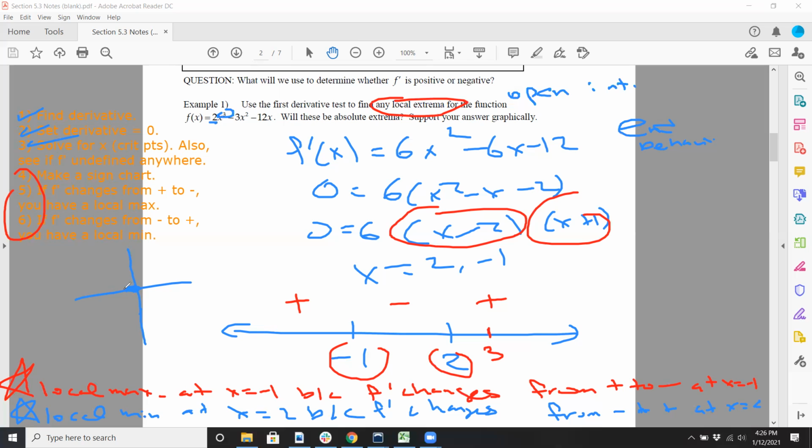I do know that our graph is rising until we get to negative 1. And if you were to plug negative 1 into the original function, I think that's going to be negative 2 minus 3 plus 12, so that's 7, I believe. So the graph does something like this, and then it's going to start dropping until I get to x equals 2.